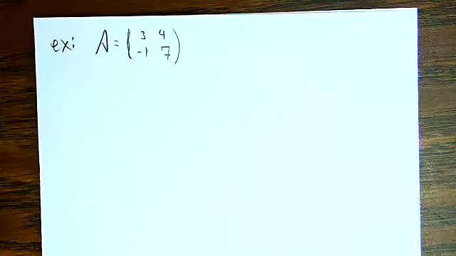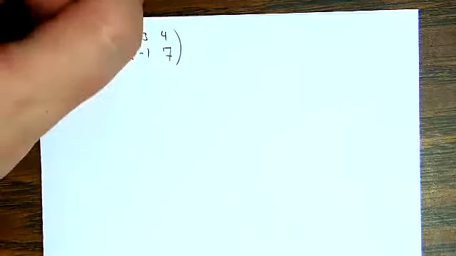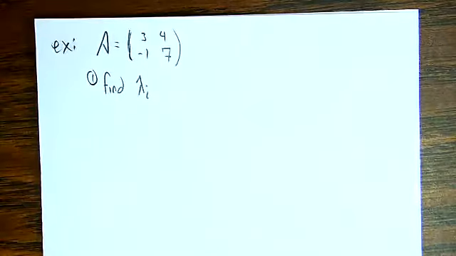There was something very special about the last example, which is why it came out so nicely. There's no reason to believe that will always be the case. So let's do this one. We need to find the eigenvalues first, and then we need to find the eigenvectors associated with the eigenvalues. So step 1 is going to be to find the values themselves.